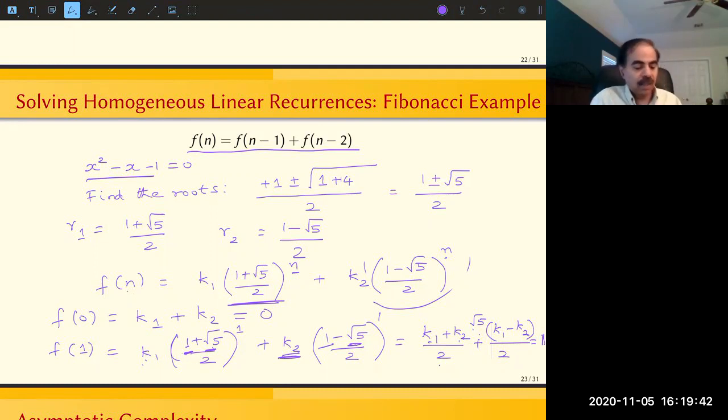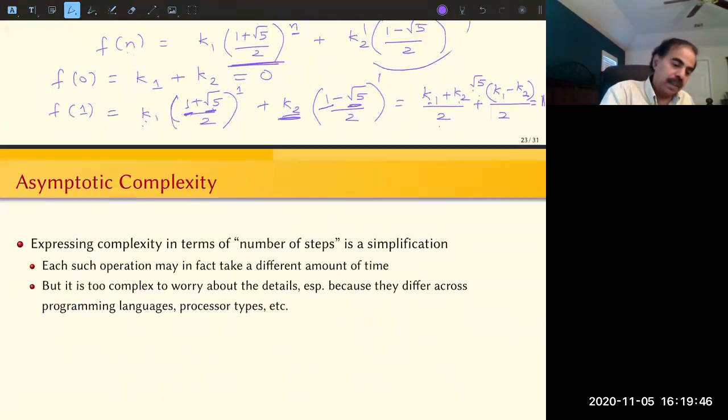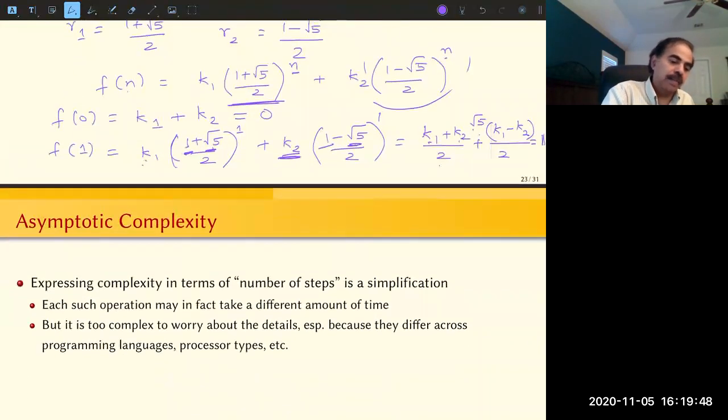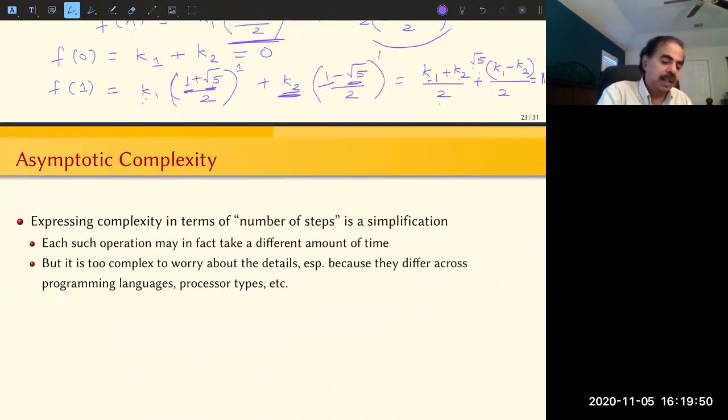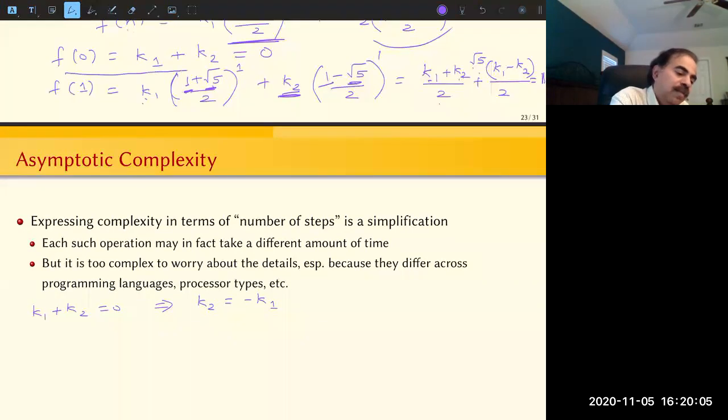Let's solve. We have these two equations. k1 plus k2 equals 0, which simply means k2 equals minus k1. That's what we get from this equation.